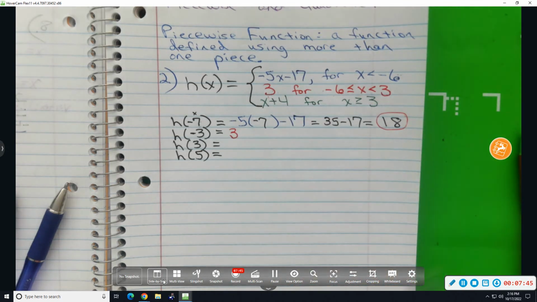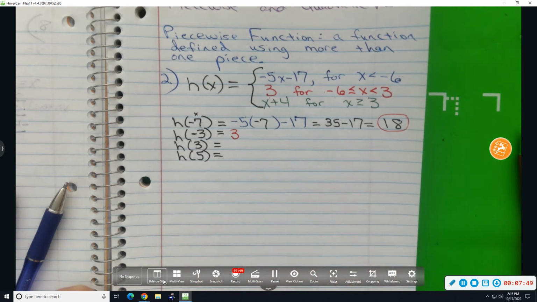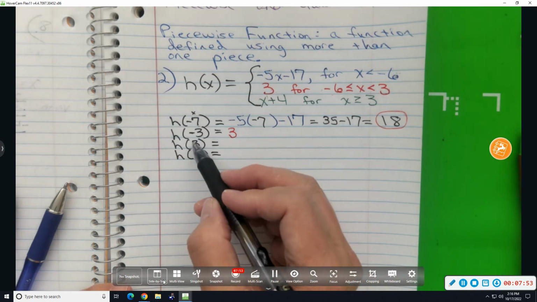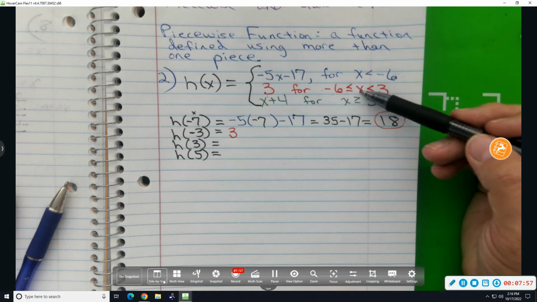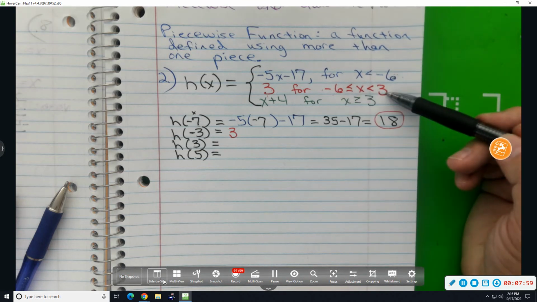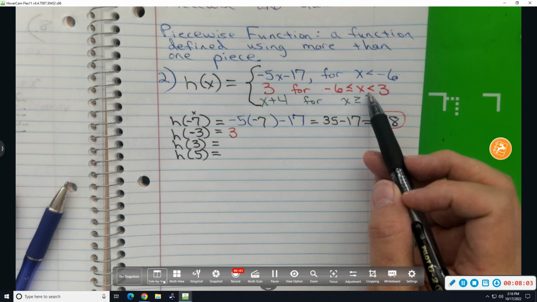Looking at the third one, h of 3. Okay, so the x value is 3. Is 3 less than -6? Is 3 between -6 and +3? Does that include 3 there? Look at that inequality. Is 3 being included?